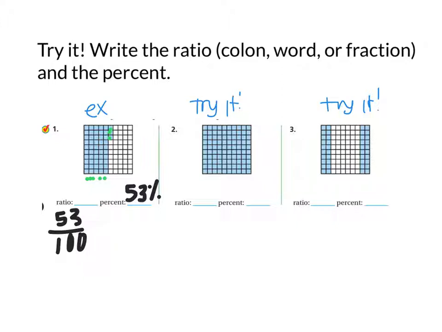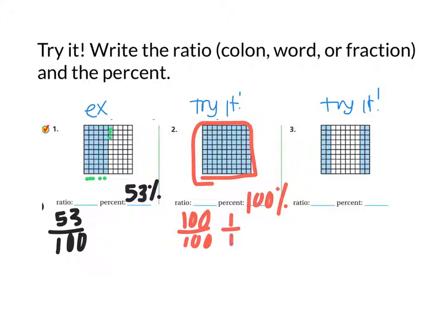Okay, this first try it problem, I don't even have to count them because it looks like the whole box is colored in, which is going to be 100 squares, or 100%. And I could write that ratio as 100 over 100. Or I could even just do a 1-to-1 ratio, because simplified, that's 1 to 1. And then in the second try it problem, we have 1, 2, 3, 4 rows.